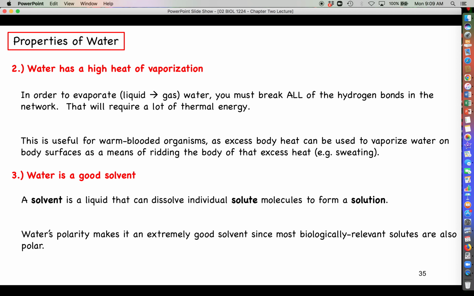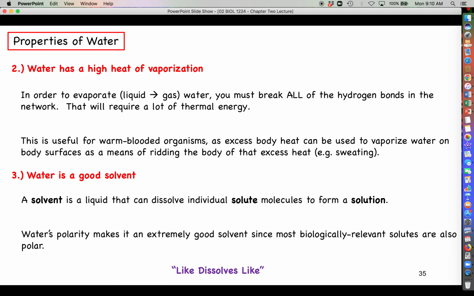So again, the reason for all of this is water's polarity and its inclination to form hydrogen bonds. Because water is very polar, it makes for a really good solvent because, as we're going to find out in the next chapter, a lot of really important biologically relevant solutes are also polar.